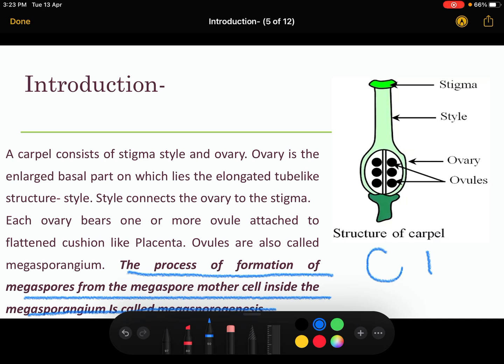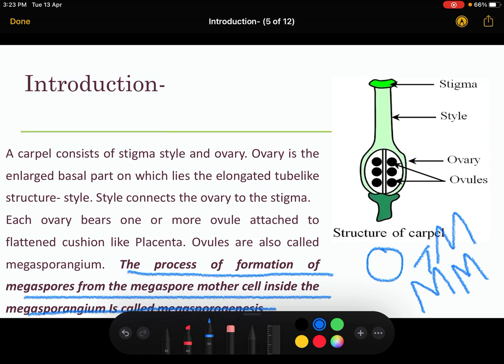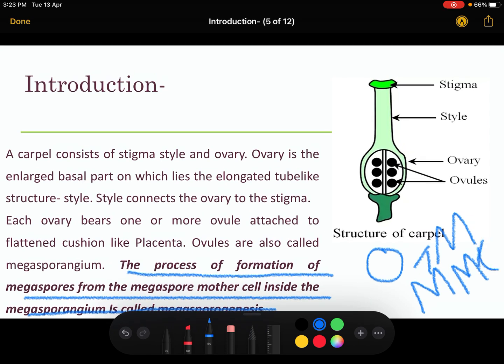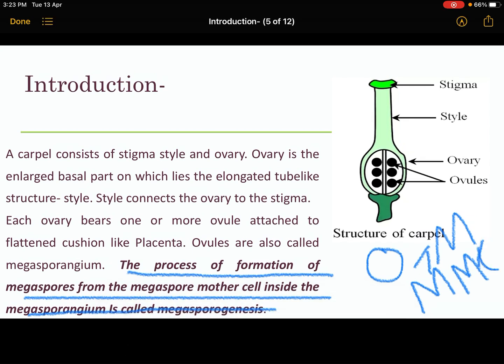So the ovule is the megasporangium, and inside the ovule the megaspore will be formed from the megaspore mother cell, also called MMC. Always remember that after fertilization, the ovary will form fruit and ovules will form seeds.